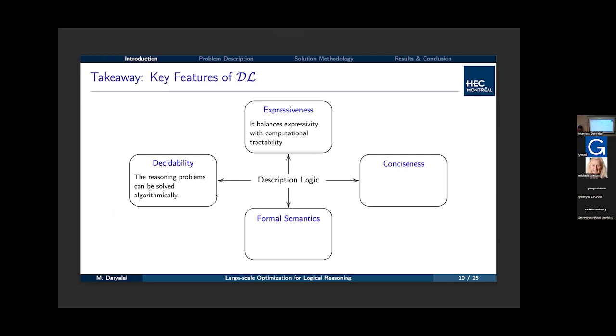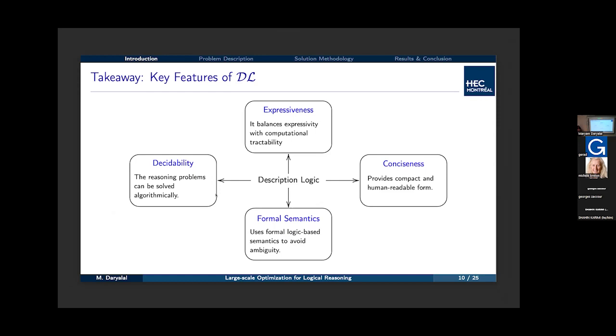Decidability: because these are logics, we can design algorithms so that we can reason about them. They can be solved algorithmically. They're concise and understandable. If you've ever looked at an XML file, you see that there is a lot of stuff going on that we don't need, and it takes a lot of time just to read it. So it's very difficult. And it also has formal semantics.